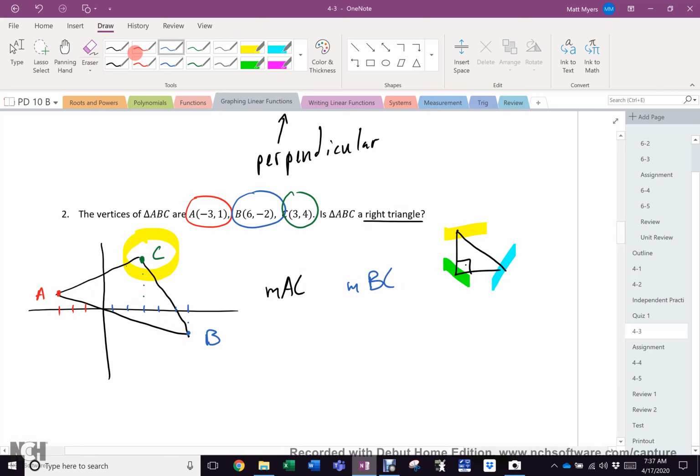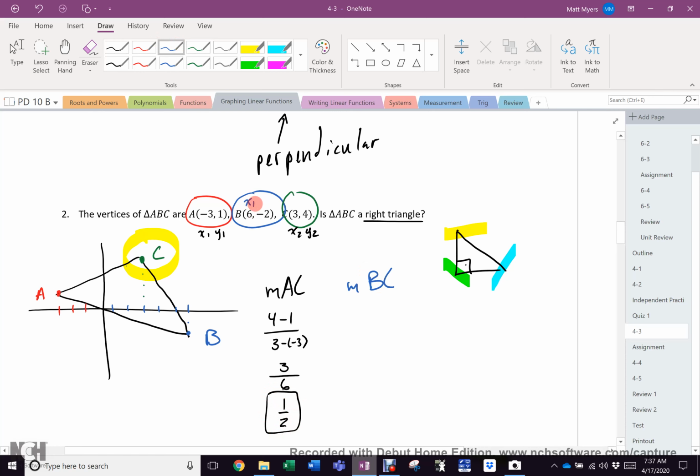So let's check. AC, and I'll do AC in black. There's our X1 and our Y1, and there's our X2 and our Y2, because we're only checking A and C. So that's 4 minus 1 over 3 minus 3... which is 3 over 6, which is 1/2. Now, let's check BC.